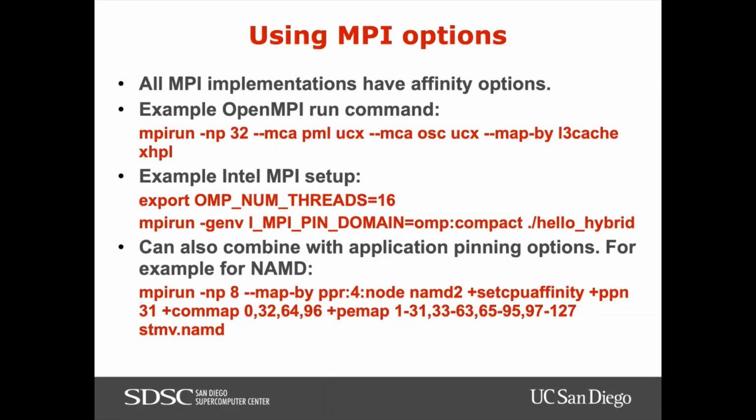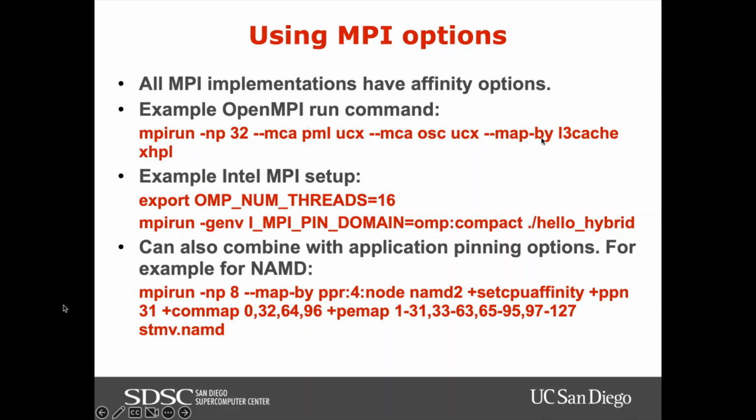So there are different ways of doing this. All the MPI implementations have affinity options. For example, in OpenMPI, you can do mpirun with 32 tasks, and these MCA PML options are more to do with the communication.